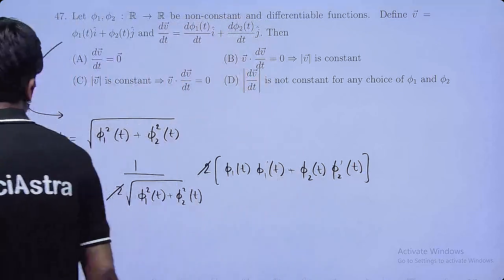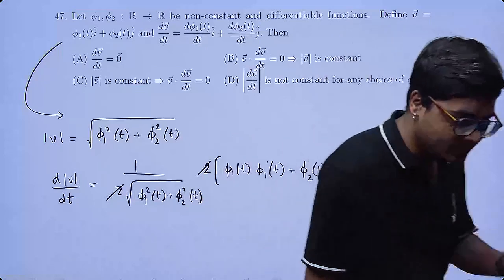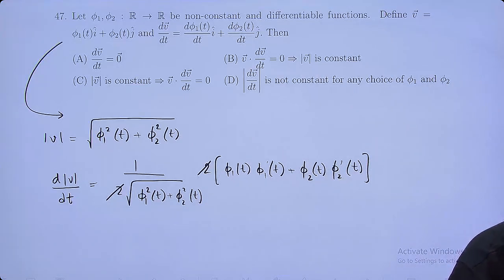So this is the derivative of the magnitude of this vector with respect to time. Yes or no? Does this stuff make sense to everybody?